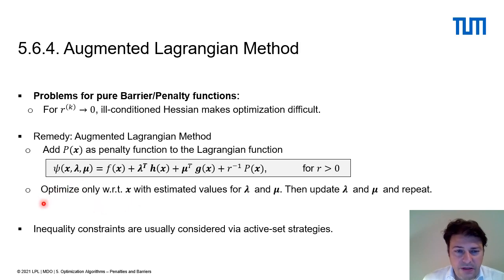This can be done for equality constraints and also for inequality constraints, but only if you also consider a so-called active set strategy. But that is something we will cover in the next lecture. So for now, just think of this method as applied to problems with equality constraints.